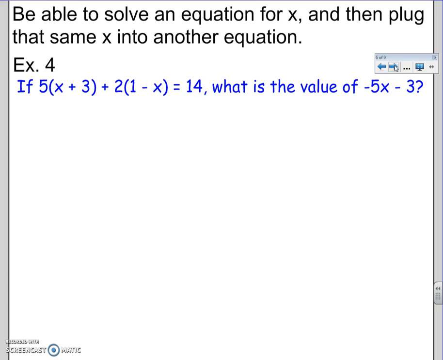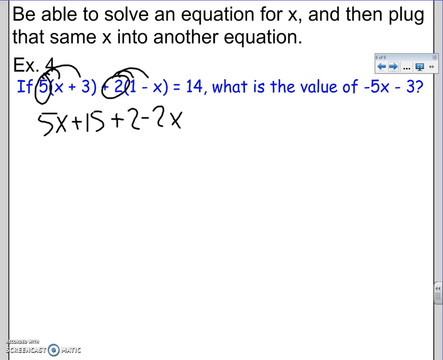Example 4, be able to solve an equation for x, then plug it into another equation. So quickly, I'll solve this left one. Distribute: 5x plus 15, 2 minus 2x equals 14. Y'all should be doing your math by now.